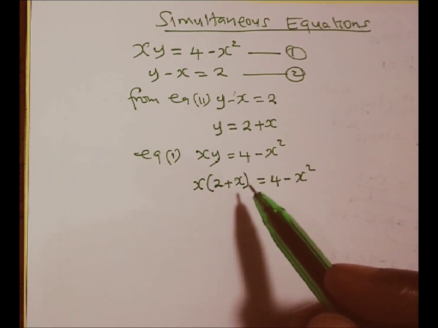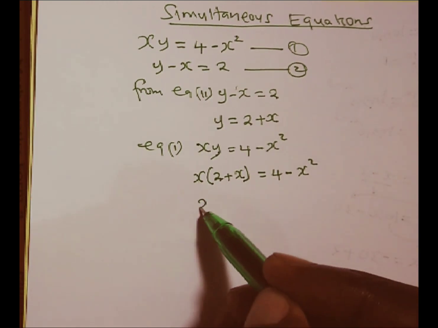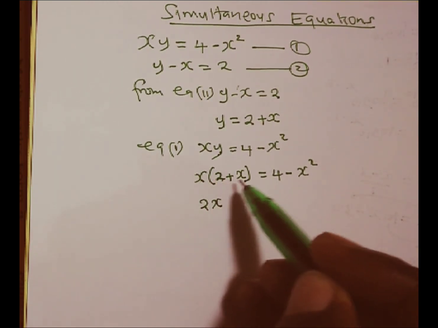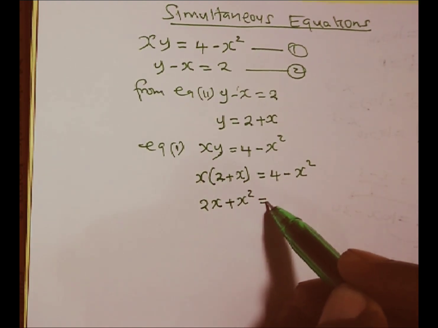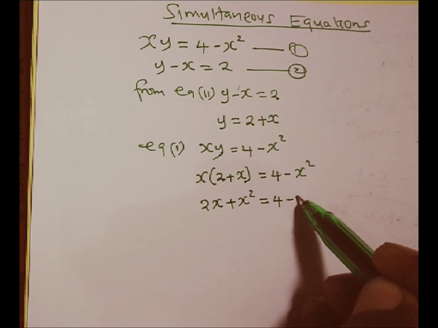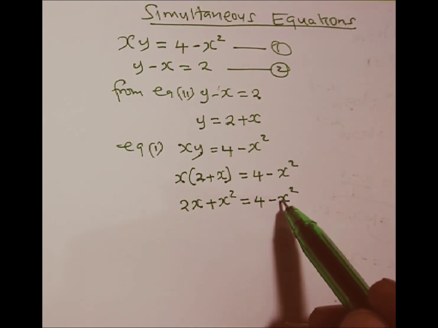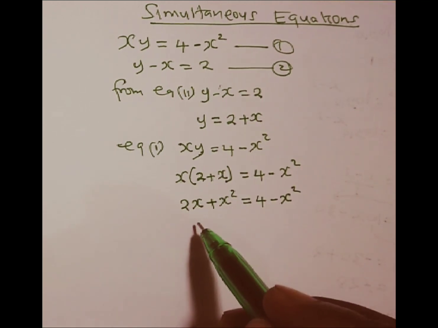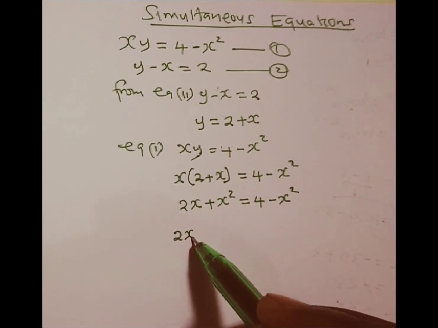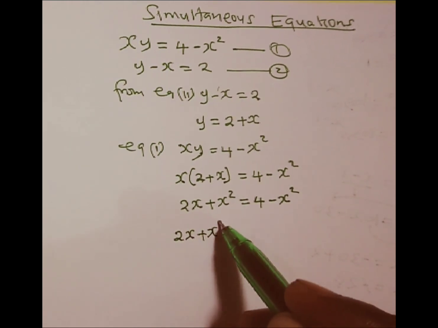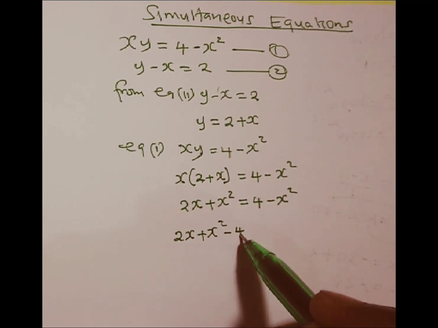If we continue by opening the brackets, we are going to have x times 2, giving us 2x. X times x will give us positive x squared, and this one is going to be equal to 4 minus x squared. We can decide to move everything to this other side, such that we have 2x plus x squared. If we move 4 to this other side, it will give us minus 4.